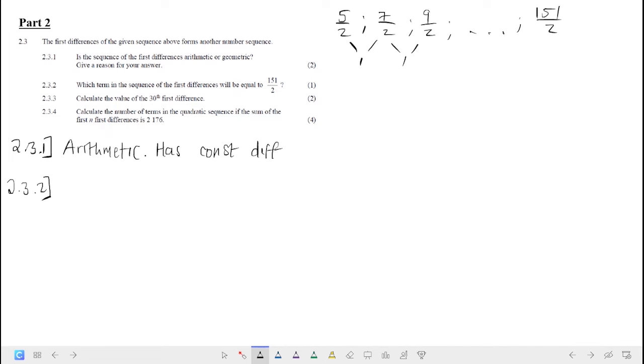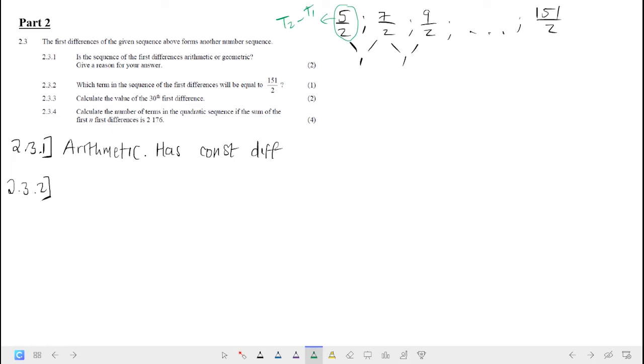Now let's look at 2.3.2. Now which term in the sequence of the first differences will be equal to 151 over 2? Now to answer this one, you have to understand something. Now if you remember here, 5 over 2, we got this one from taking term 2 of the quadratic and then subtracting term 1.